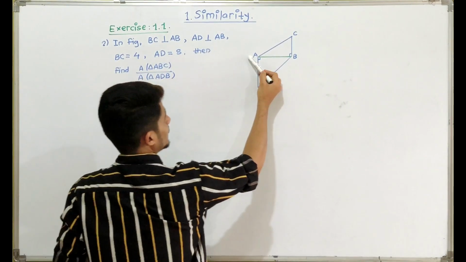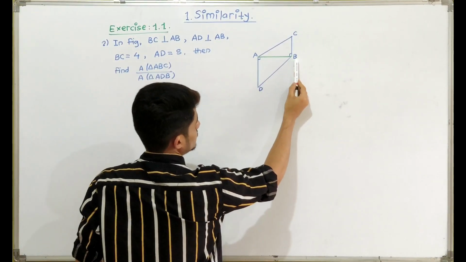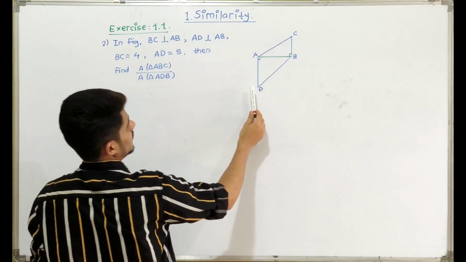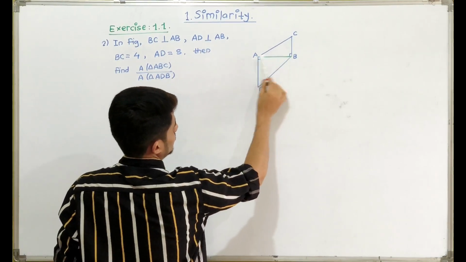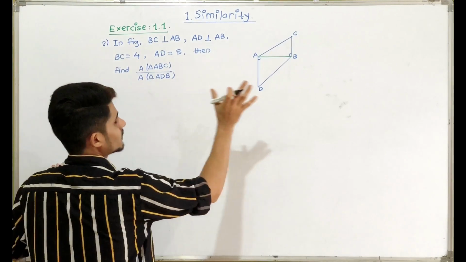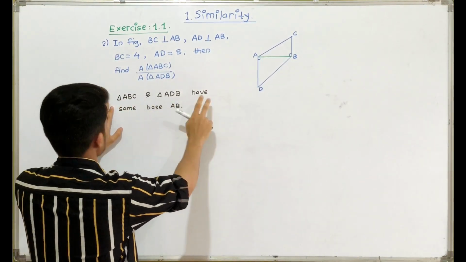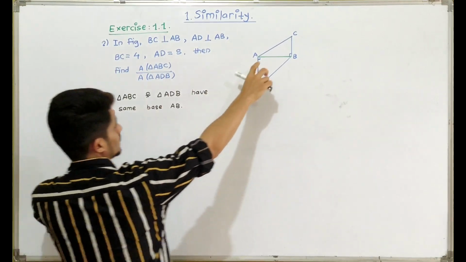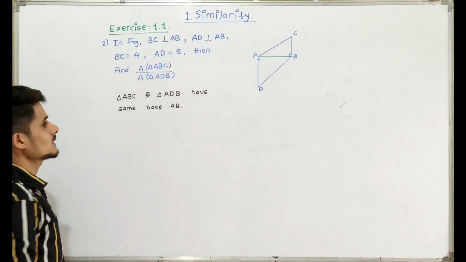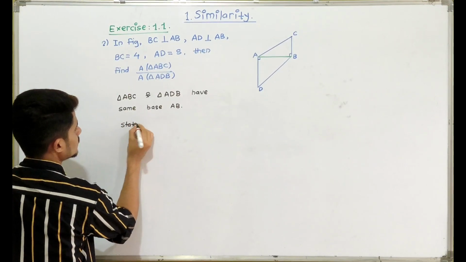In triangle ACB, AB is the common base, and similarly in triangle DAB. So firstly, we'll write: triangle ABC and triangle ADB have the same base AB.